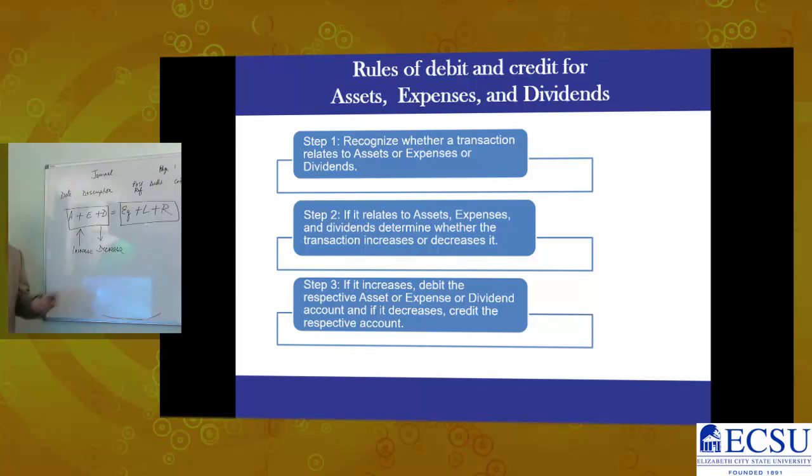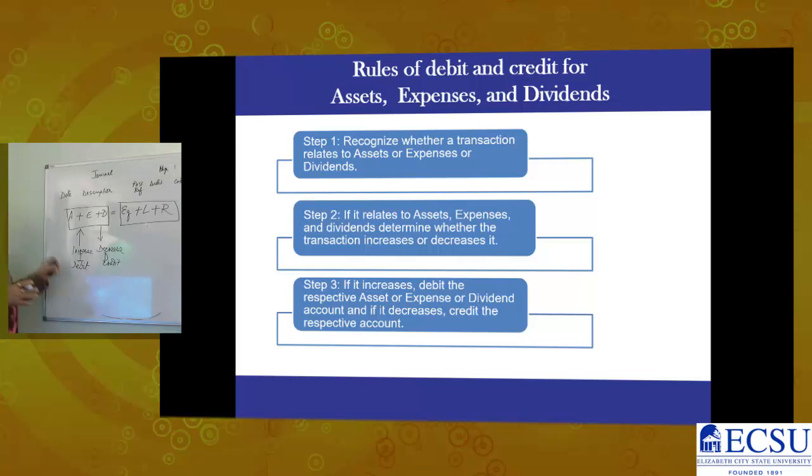If it increases, then you will be debiting it. So this will be a debit. Increase is a debit, and of course decrease is a credit.